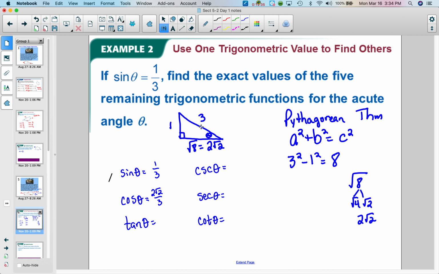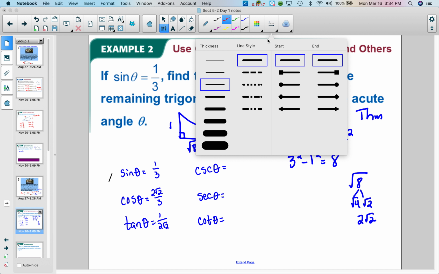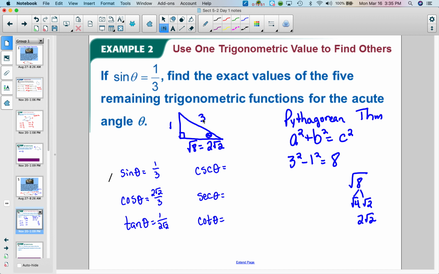Tangent theta is opposite over adjacent. So it's 1 over 2 root 2. Uh-oh. We're not supposed to leave a radical in the denominator. So I keep going up to these because the line's too thick and I can't make it default to the smaller line. So in case you wonder. I have to multiply the top and bottom by the square root of 2.